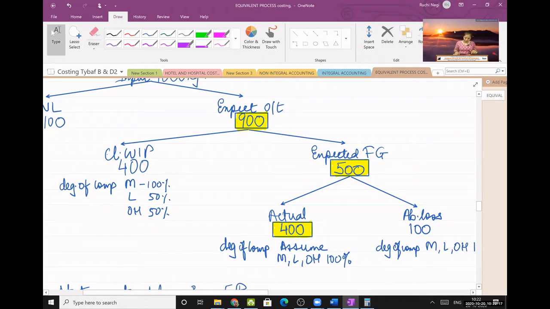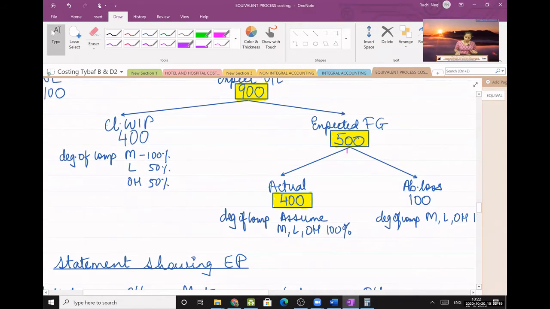Clear? So from the expected finished goods, say abnormal loss is how much? 100. It's given. I'm assuming situation 2, the second condition, abnormal loss is 100. So 500 minus 100 is how much? 400.